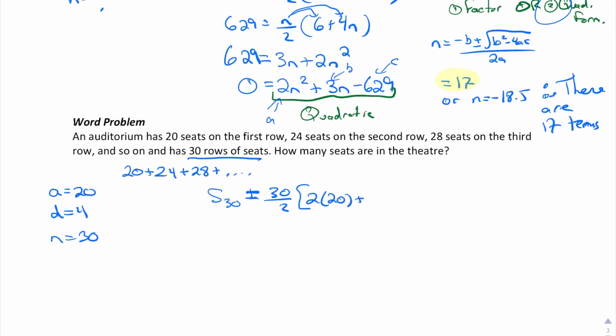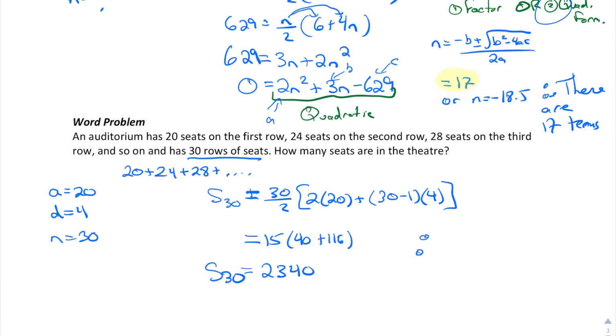So I can just simply plug this into my formula and solve. And you can try that, see what you get here. I got 2,340 for the sum of the first 30 rows.